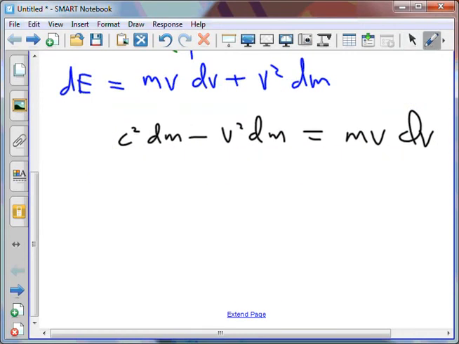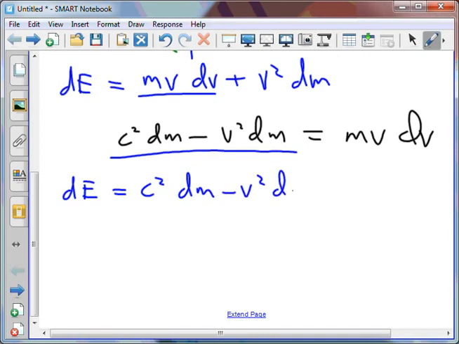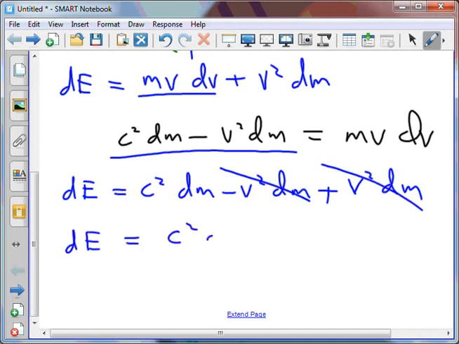And so I could replace this with all of this to give me dE equals c² dm minus v² dm plus v² dm. Now these two quantities will cancel out. I end up with dE is equal to c² dm.